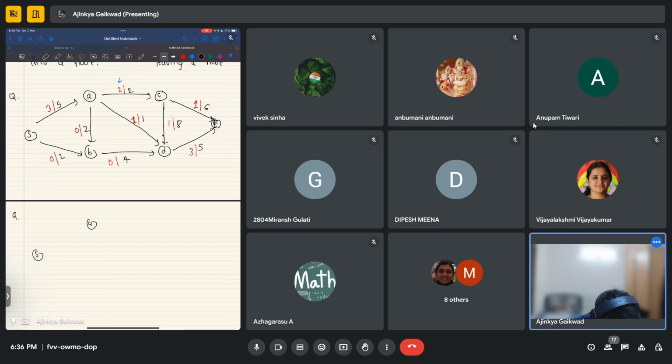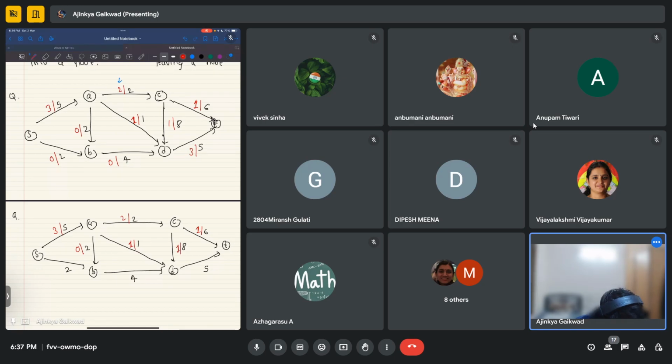Let's say S, A, B, C, D, and T. Okay, so here is a flow network.